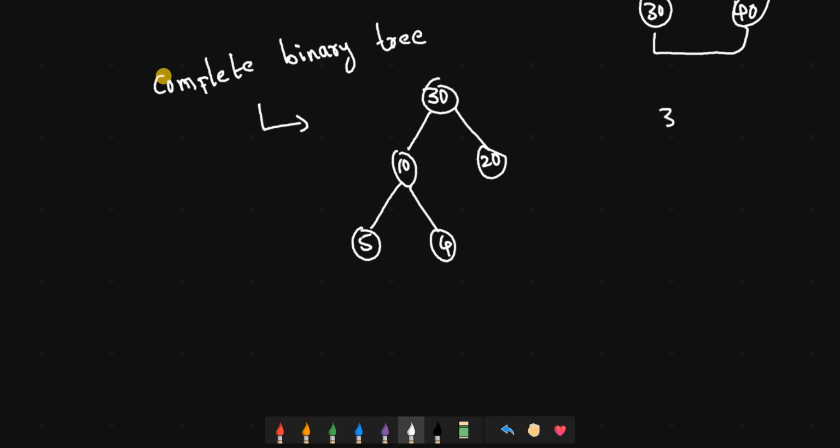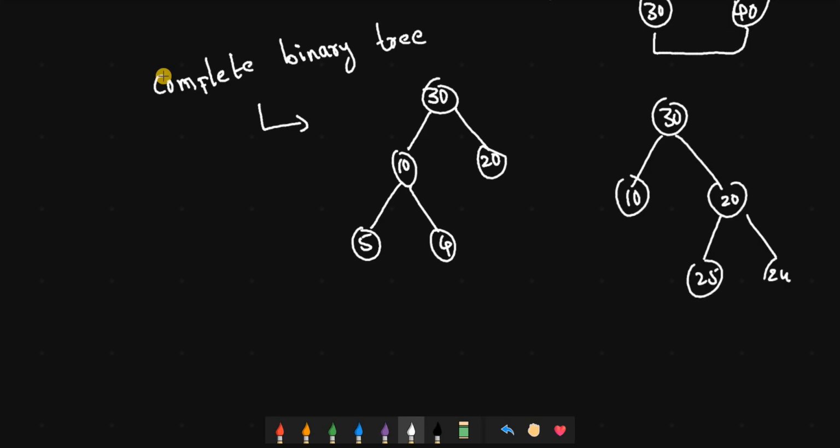Suppose we take 30, 10, 20, 25, 24. It is not a complete binary tree because each level should be filled, and it should also fill from left to right, and here there are no elements. So that's why this is not a complete binary tree. A complete binary tree fills all levels except the last level, and fills from left to right.